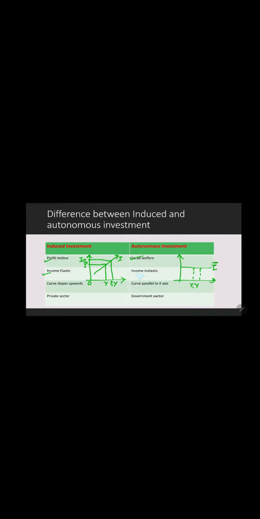But autonomous investment is income inelastic, meaning any change in income will not change autonomous investment. It continues to be the same, which is shown by the line parallel to the x-axis.